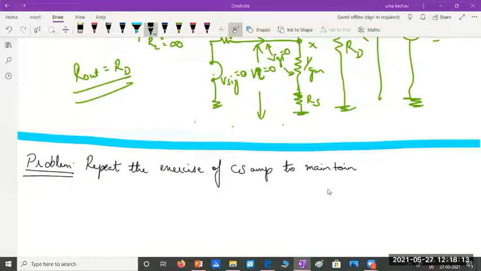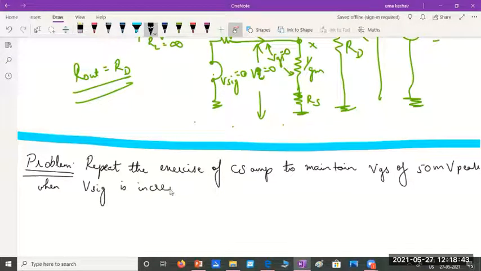Let's repeat the exercise which we have done in common source amplifier to maintain VGS of 50 millivolts peak. When Vsig is increased to 0.2 volts, how can this be implemented?